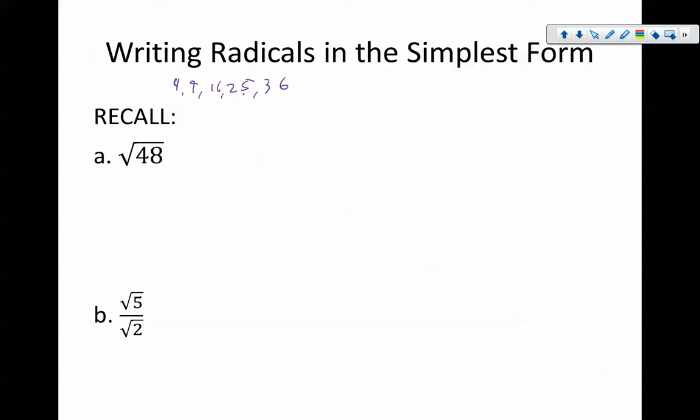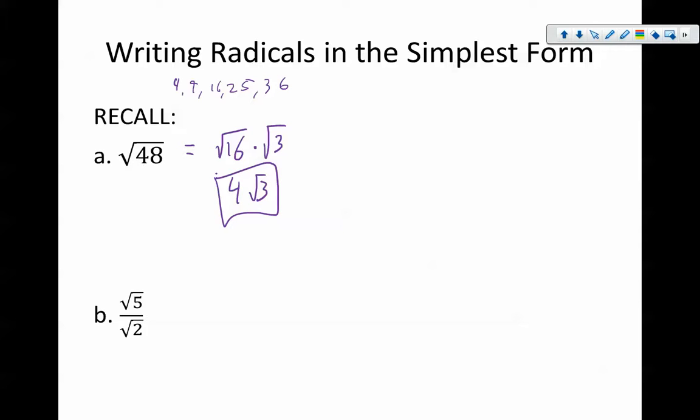And we said, which of these numbers is the biggest one that multiplies evenly into 48? And we found that it was 16. So it was root 16 times root 3. We split it up into those two radicals, those two roots, to find the largest square root that multiplied into it. And then we simplified that, and we ended up with our simplest answer.